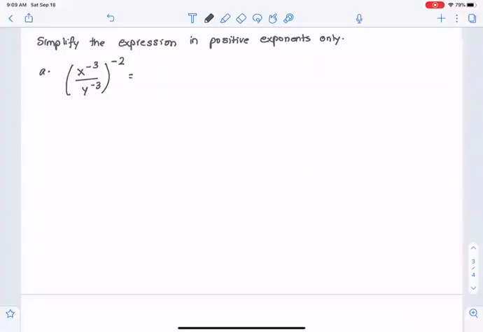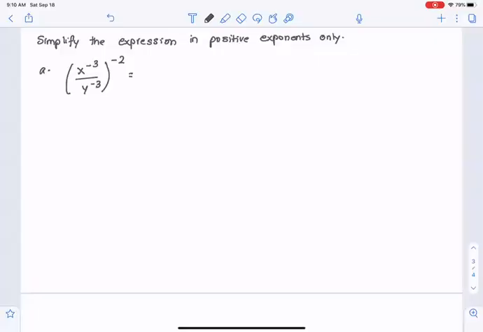So here we have an exponent that is sort of complicated looking. If we have an expression of this sort, the very first thing to do is to take care of whatever terms are inside the parentheses.